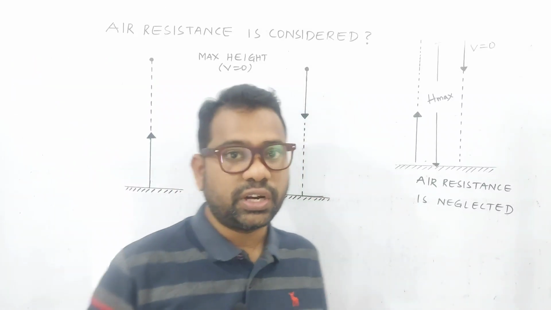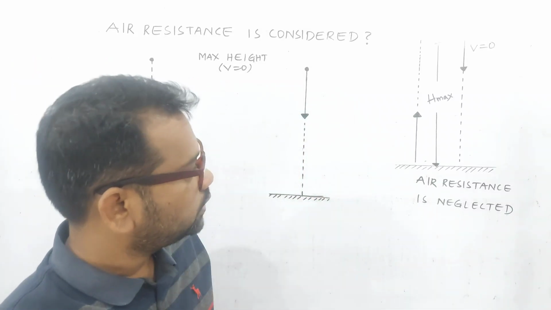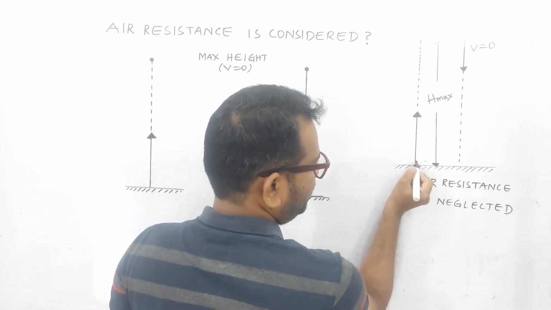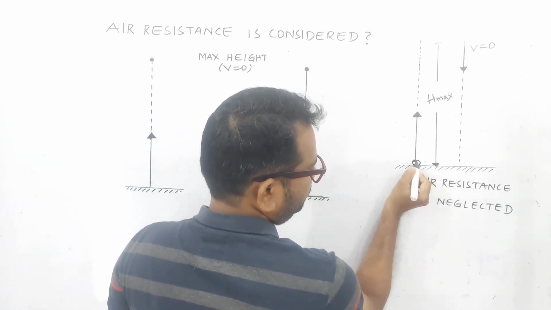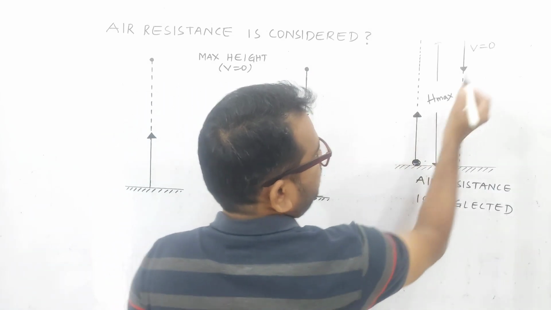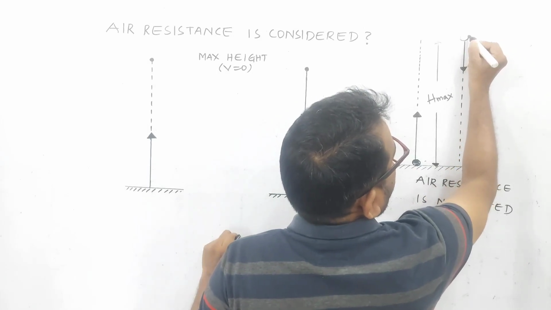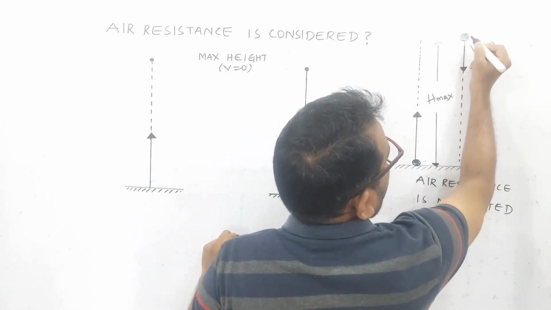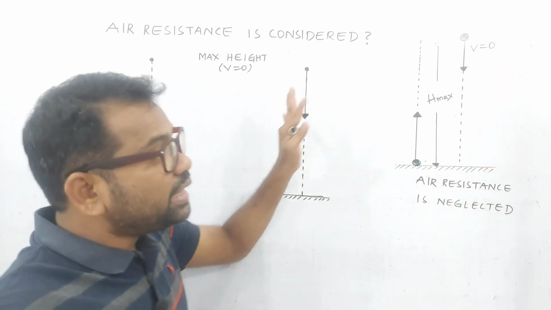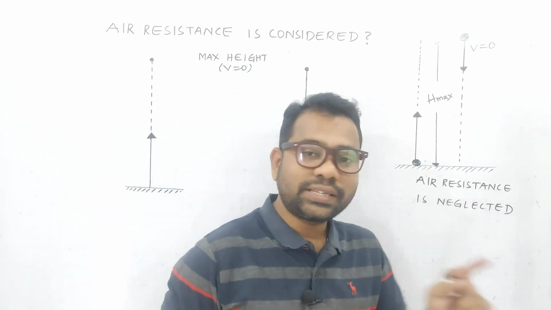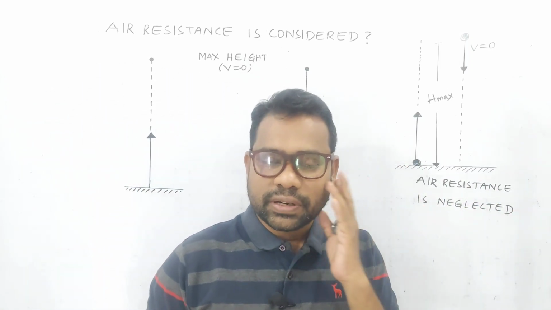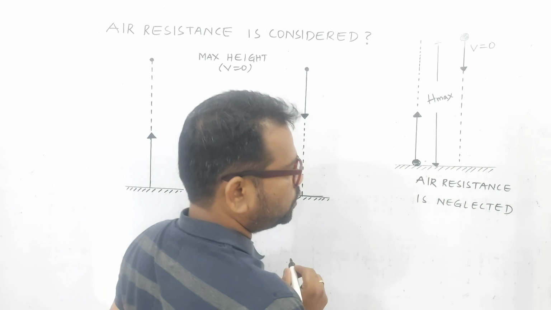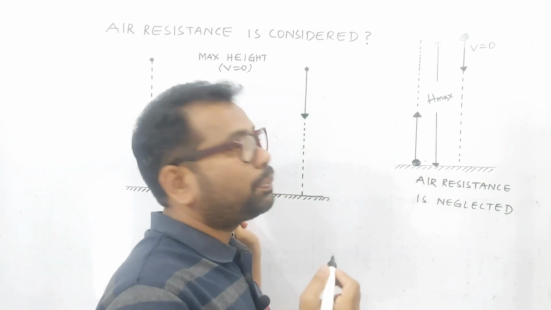Out of the three, children, look at the second case, where a body or a ball at the ground is thrown vertically upward and again comes back. This is the case we can call ground to ground. But we discussed it when air resistance is neglected. Once air resistance is neglected, we could derive some parameters.